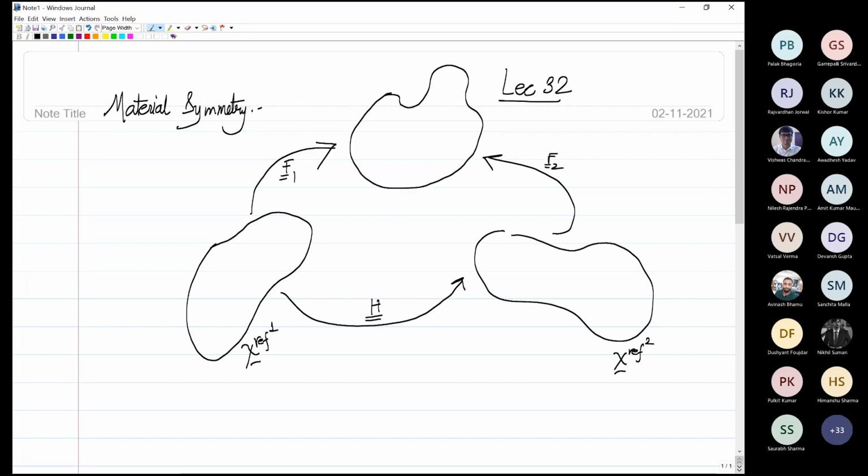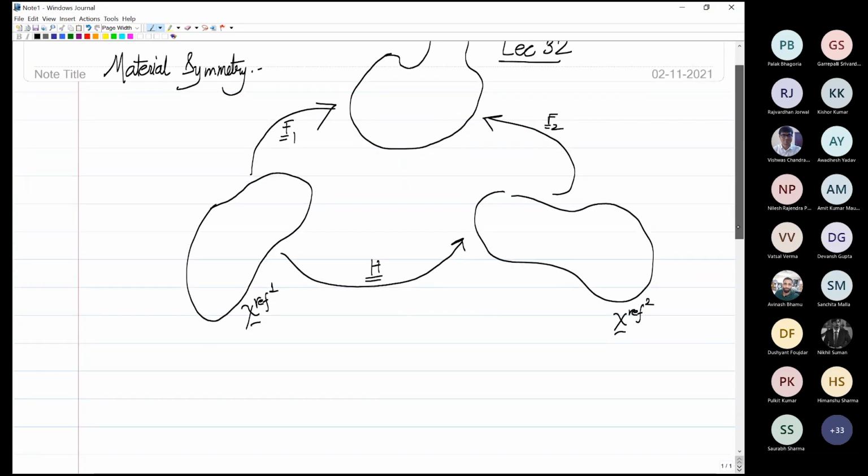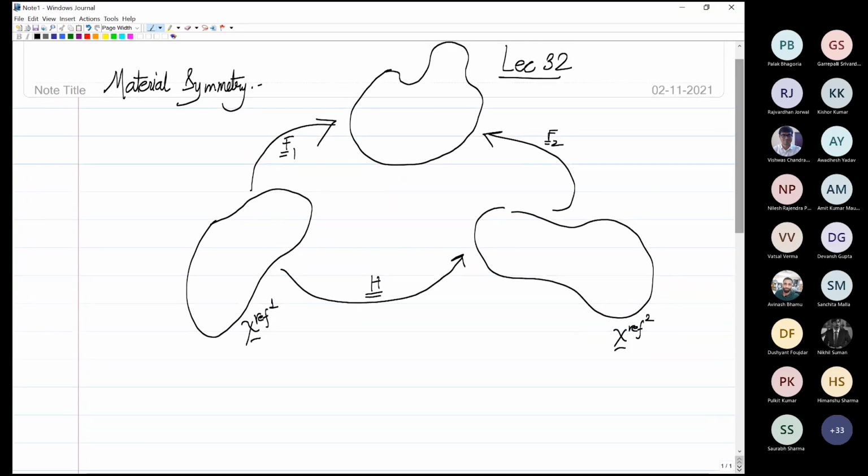What we said is that the true stress in the deformed body, at any point P, should be independent of what reference configuration we choose, because we are free to choose any reference configuration. That doesn't mean that the stress in the current configuration will vary, right? Otherwise it becomes arbitrary.